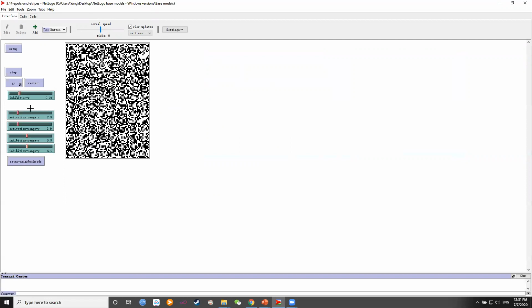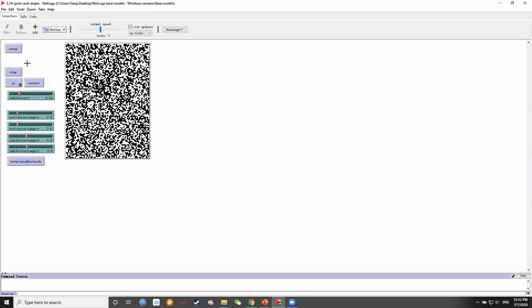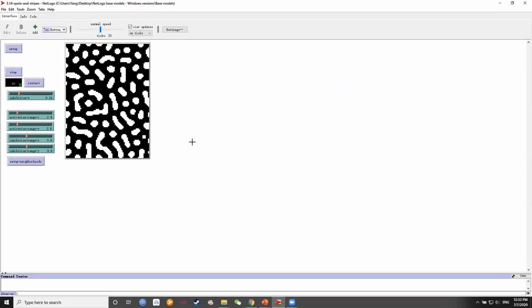Okay, and of course you can set the shape for the activation region and also the inhibition region. Okay, and set up and go. Eventually, you can see that the tick is still going, but we have a stable state here for the whole space.